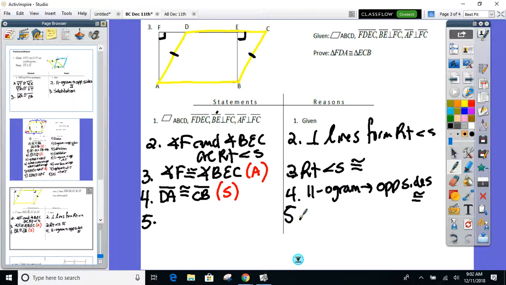Is that a transversal? So could we make angle FAD, and no, wait, that's not possible. Never mind. Okay. You tried. Tough to come by here.